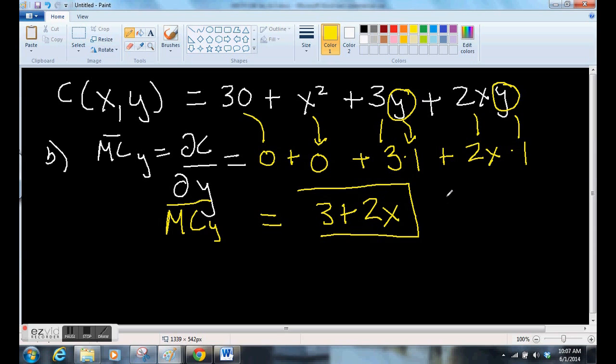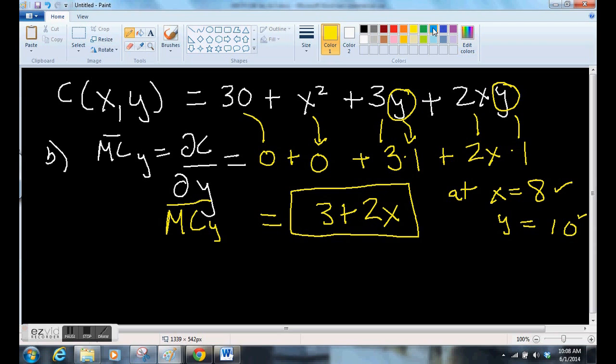Oops, but we're not done yet because we have to plug in the numbers at the point. Making sure I'm getting this right, part B, if 8 units of x and 10 units of y, so they kept the units the same. Before we were also using 8 units of x and 10 units of y, but now we're changing what we are taking the marginal cost with respect to.